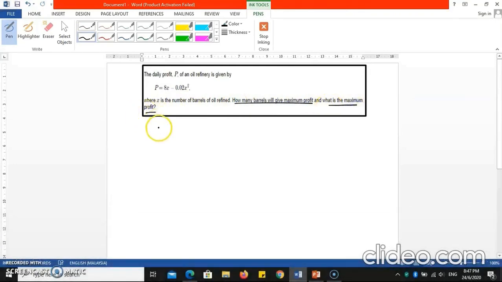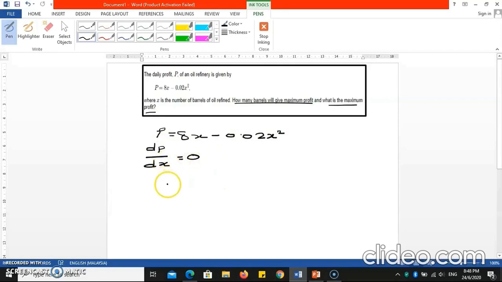So, we have been given that the value of P is 8x minus 0.02x to the power of 2. To find the number of barrels, we must use the first derivative test, which is dP over dx equals 0.